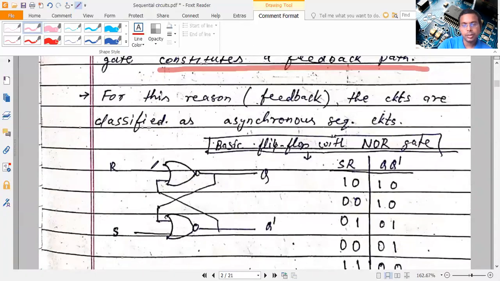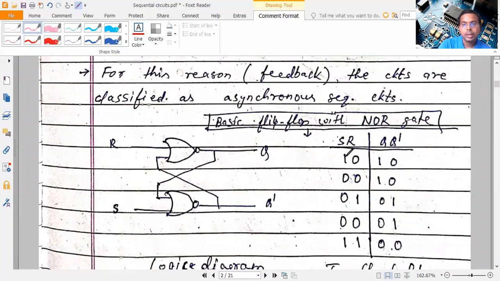So suppose one of the inputs to the RS flip-flop is 1 and another is 0. S is 1, so the output will become 0 instantly. And this 0 goes to the other gate, where R is also 0, so both 0 means the output will become 1. So here Q is 1 and Q dash is 0.